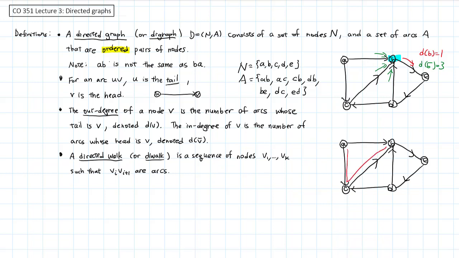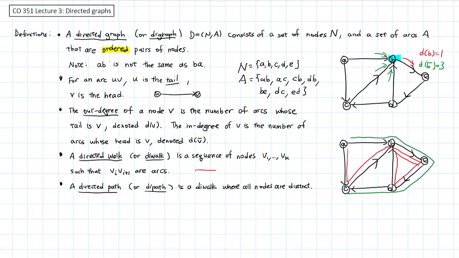In this example, we have a red directed walk that goes from A to eventually E. A directed path or dipath is a directed walk where all the nodes are distinct, so we do not repeat any nodes or arcs. Here we have a green directed path going from A all the way around to C.